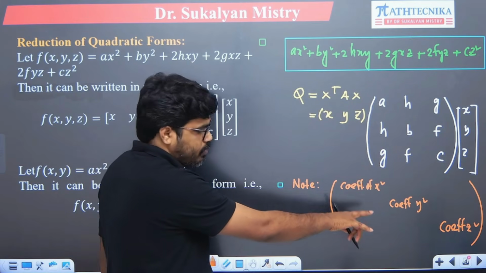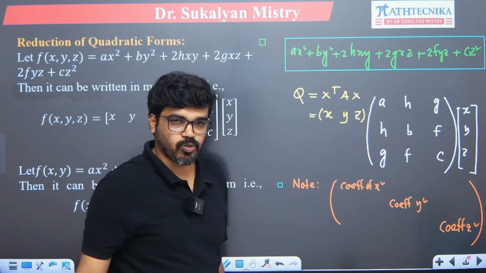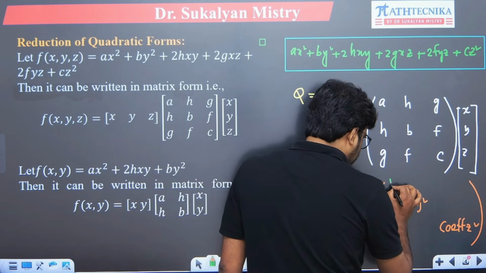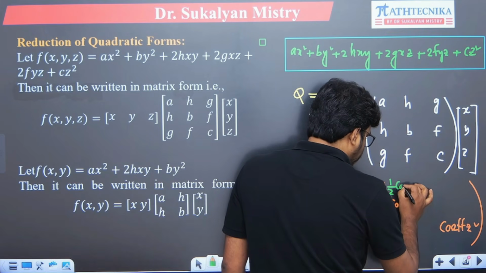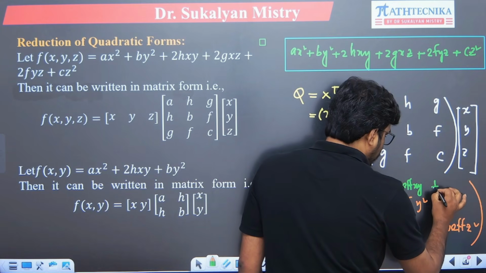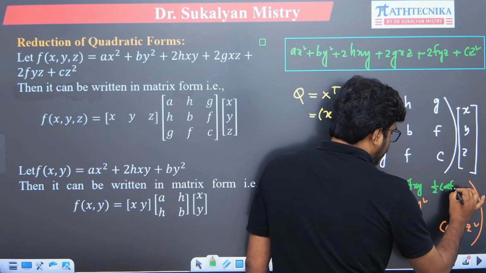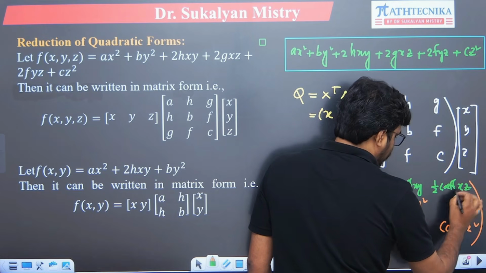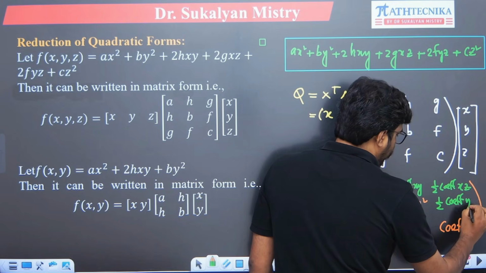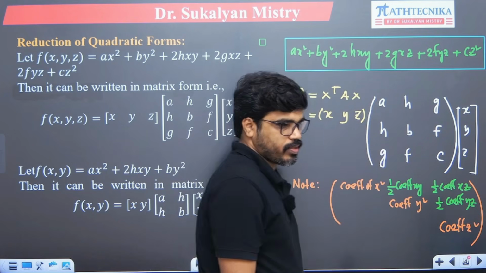Principal diagonal elements, that is coefficient of x square, coefficient of y square, coefficient of z square, and non-diagonal elements, so 1/2 coefficient of xy, 1/2 coefficient of xz, 1/2 coefficient of yz. Okay, clear?